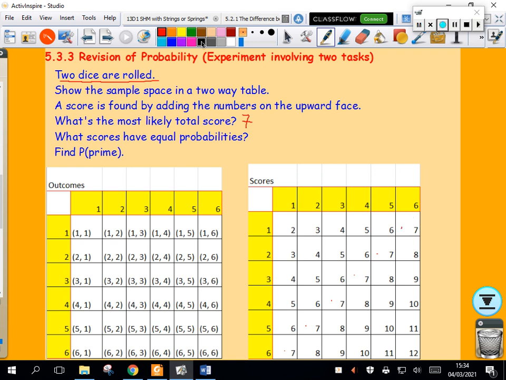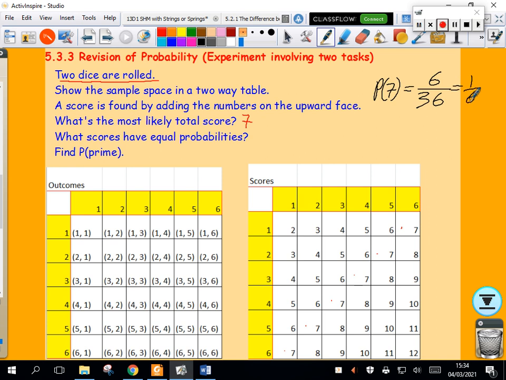Okay? And the probability of rolling a 7 is, remember, the probability of any event is the number of ways the event may occur divided by the total number of possible outcomes. When I roll 2 dice, the total number of possible outcomes here is 36. The number of ways I can roll a 7, 1, 2, 3, 4, 5, 6. There's 6 ways I can roll a 7.